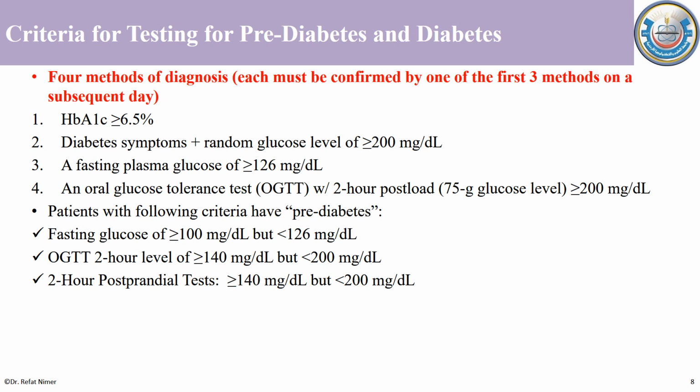If the oral glucose tolerance test at the 2 hour level is more than or equal to 140 but less than 200 milligrams per deciliter, then this is impaired glucose or pre-diabetes. If the 2 hour postprandial test is more than or equal to 140 but less than 200 milligrams per deciliter, then all of these represent pre-diabetes cases.